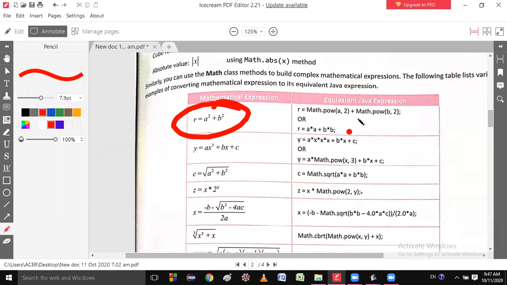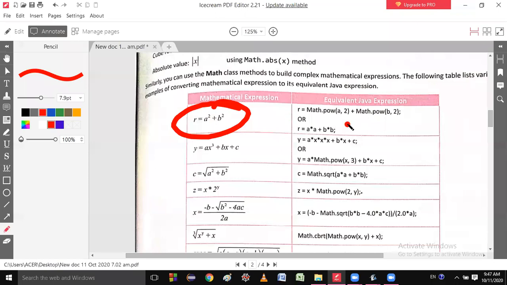Is it clear? Yes, sir. You can also use the mathematical function Math dot pow a comma 2 plus Math dot pow b comma 2. Can you do this or not? Yes, sir, absolutely you can.